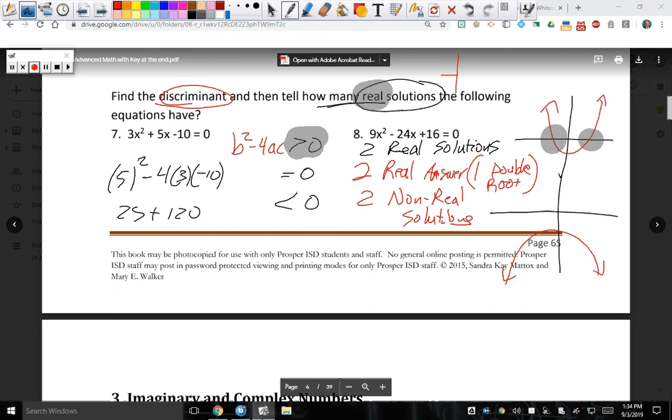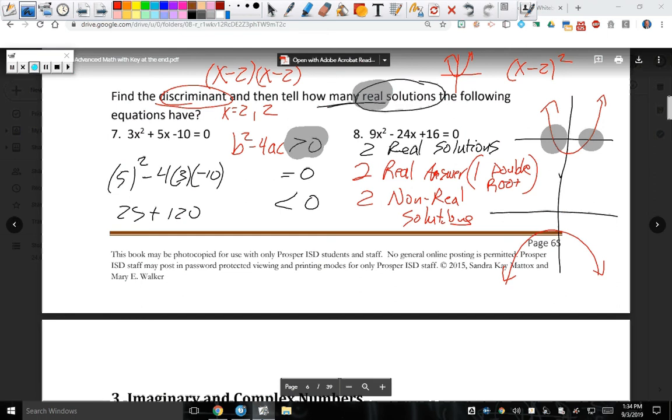And think of it this way. If I had x squared and I shifted it 2 to the right, it would look like this. You with me? And this is the same as this, which is the same as x equals 2 and 2. That's a double root. It's the same answer, duplicated, but it accounts for still 2 answers. You with me?